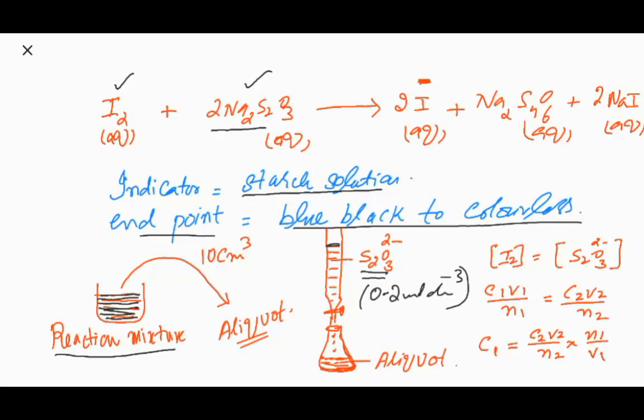So fill the burette up to 0 cm³ with sodium thiosulfate, which is the standard solution. In a conical flask, transfer a small portion like 10 cm³ of reaction mixture, that is called aliquot, to this conical flask and then start titration.